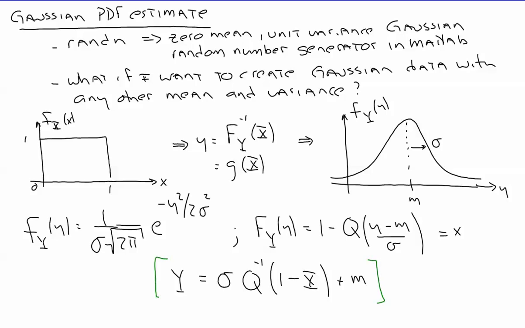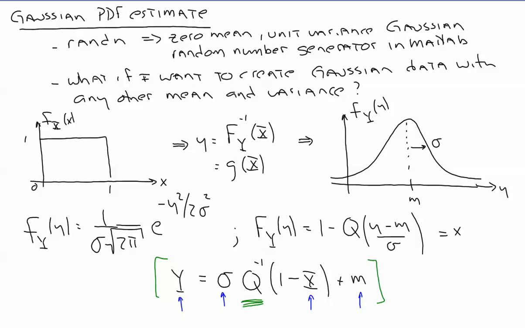That is the function that will take uniformly distributed data on 0 to 1, x, and convert it into Gaussian distributed data, y, with mean, m, and standard deviation, sigma. And you will also recall that I have previously sent you a MATLAB function which will calculate Q inverse.